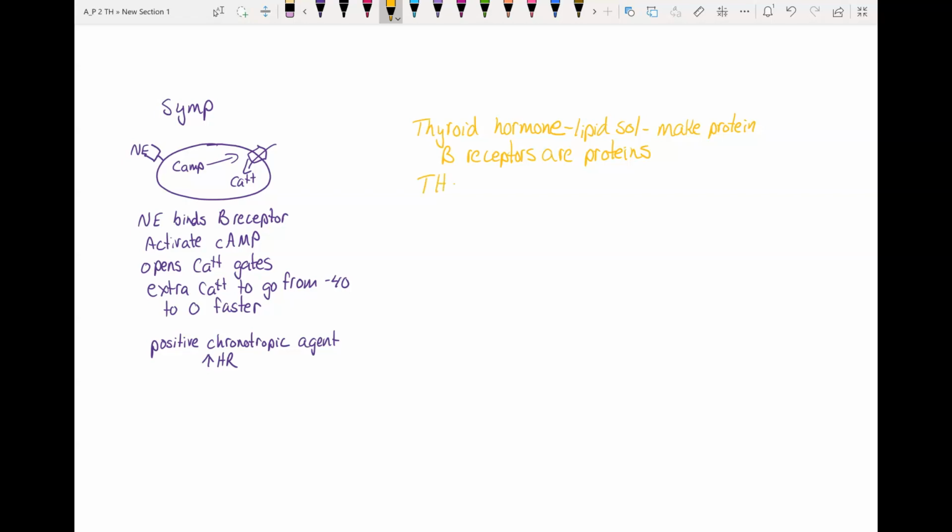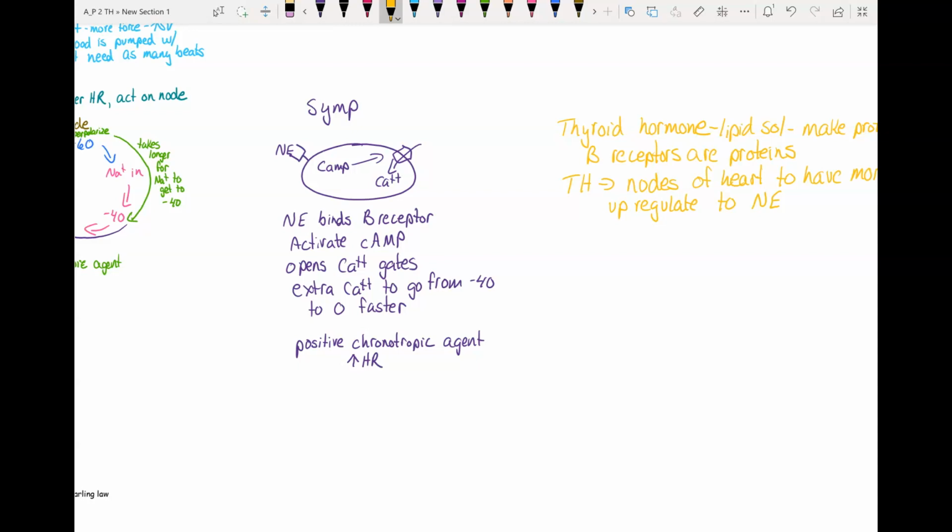Thyroid hormone causes the nodes of your heart to have more beta receptors. So they're up-regulating. Remember in chapter 17, cells can change their number of receptors, up-regulate or down-regulate. So thyroid hormone makes your heart up-regulate to norepinephrine. So when you have thyroid hormone, you're going to have more beta receptors.